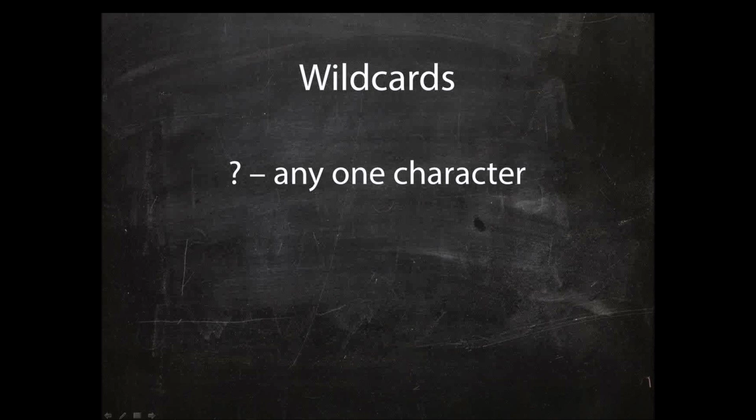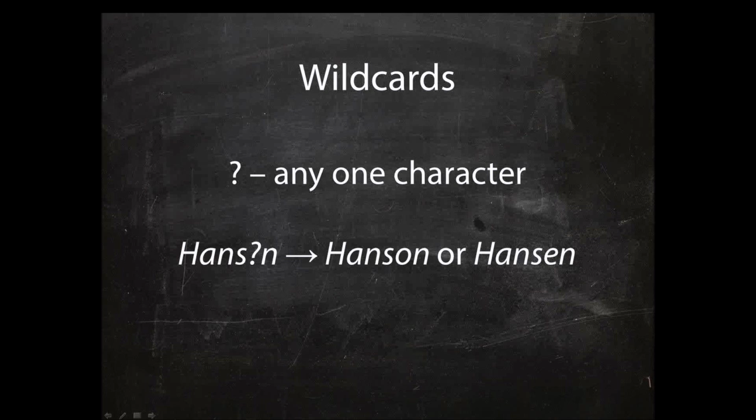The first one of these is the question mark, and the question mark can take the place of any one single character. Just for example, I'm going to use the other half of my name, Hanson. If I type in H-A-N-S question mark N, it'll return results both with the proper Norwegian spelling, Hanson, O-N, or the fraudulent Swedish spelling, E-N.